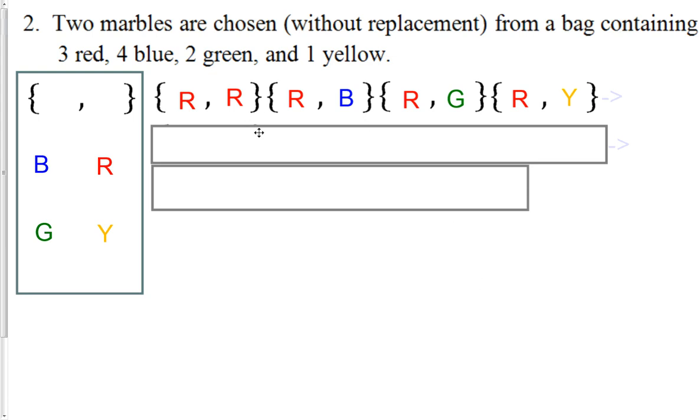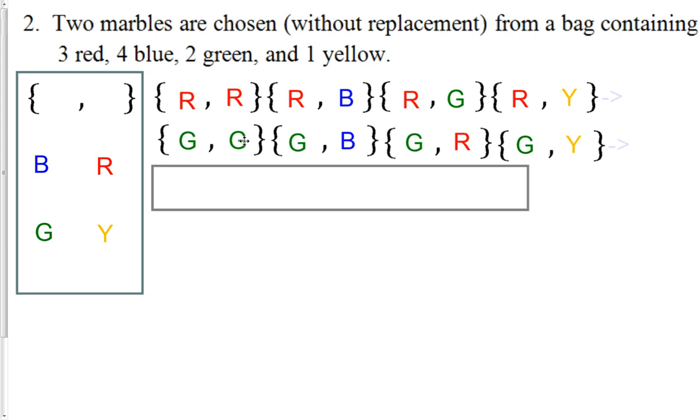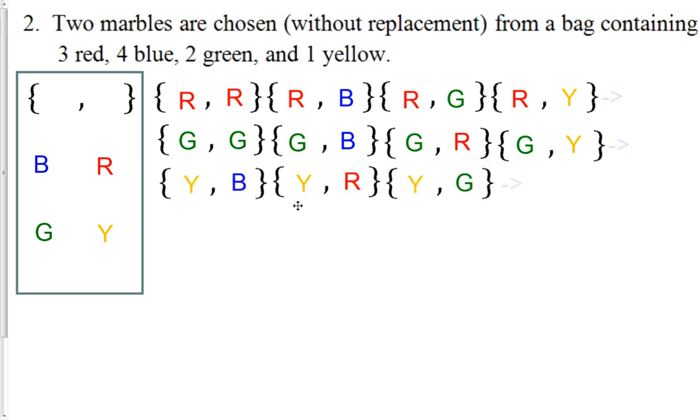Next, green then green, green then blue, green then red, green then yellow. Then yellow blue, yellow red, yellow green, and we're missing our blue set: blue and blue, blue and red, blue and green, blue and yellow.